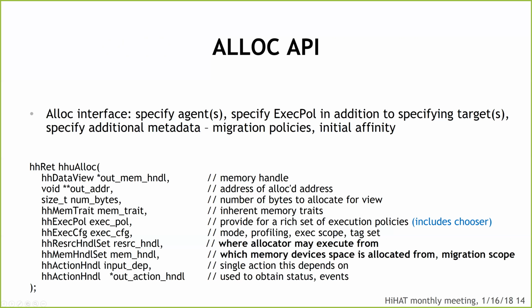I told you how big it was, what set of traits I wanted it to have, and what the policies were, which could include the chooser. I also tell you some other execution config information, what resources to do the allocation on, what the targets are, and what the input dependencies are: don't do this allocation until something else has been satisfied. Then it'll pass back an action handle, which I can use to query whether it's done and use in the rest of the dependent system. So that's the end-to-end usage of this.